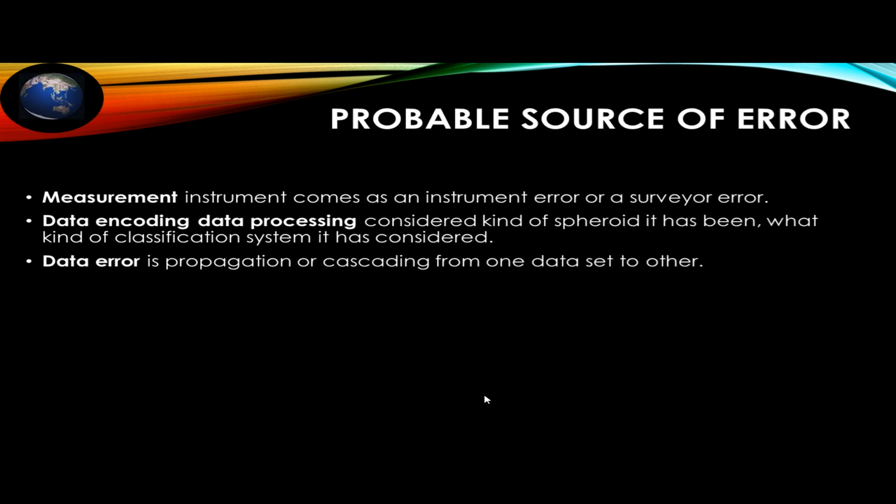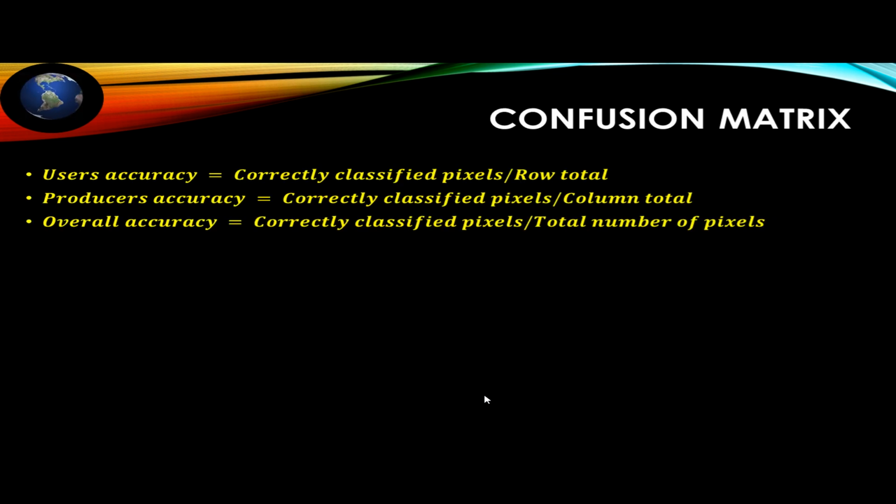Data error propagation or cascading is another source of error. We are using different datasets, so one kind of error propagates into another dataset or other theme layers, which gives an overall wrong output. So this can be taken care of.